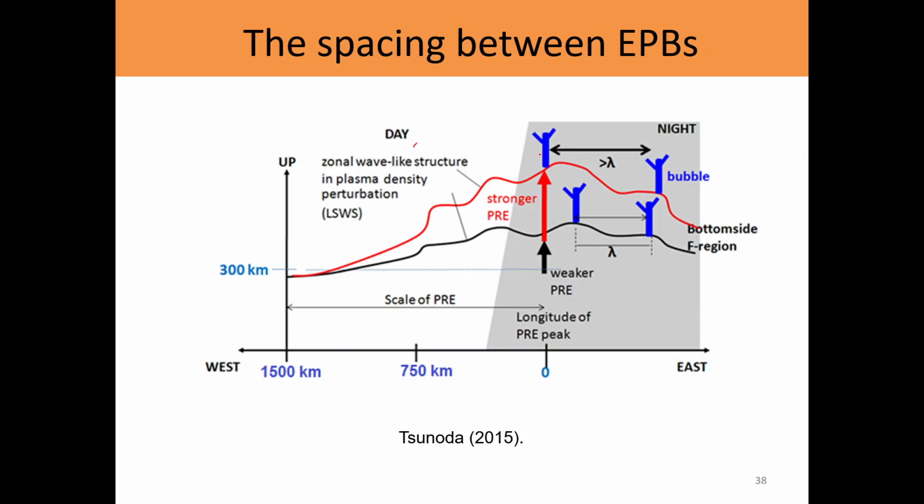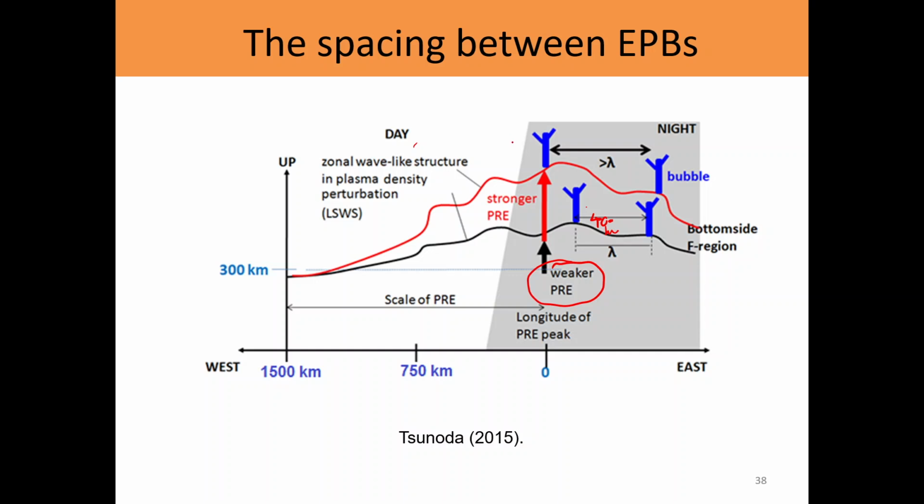Sometimes, if you have a weaker PRE, meaning the drift is not so strong, you have bubbles at lower altitudes. For example, around here, maybe 400 kilometers, it's not so high.